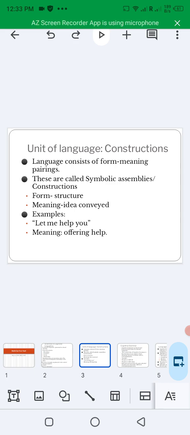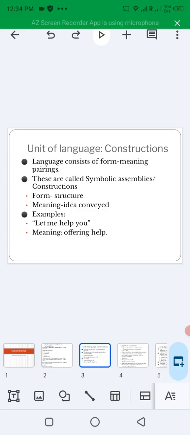A form means a linguistic structure, that is, sounds and words, and meaning is the concept, message or idea that is conveyed through the sentence. Constructions range from small units to very large structures, such as words, idioms, phrases and sentence structures.